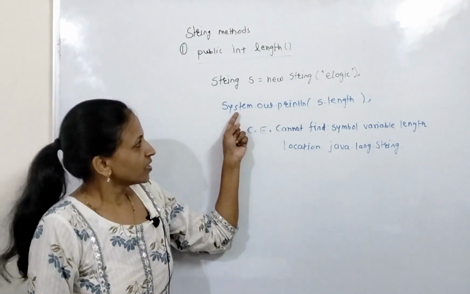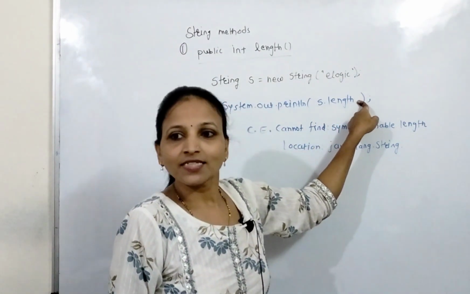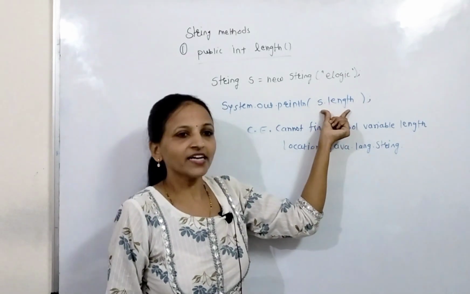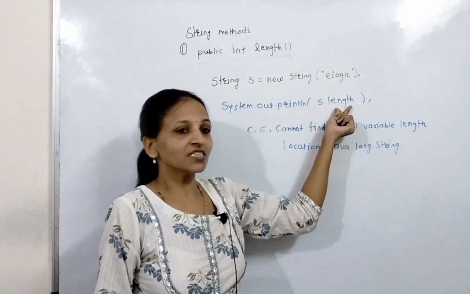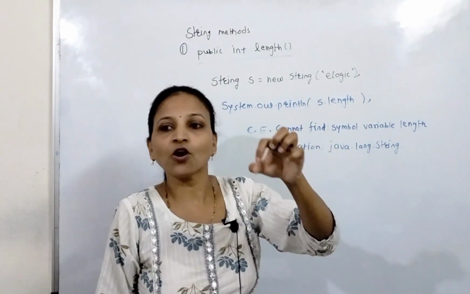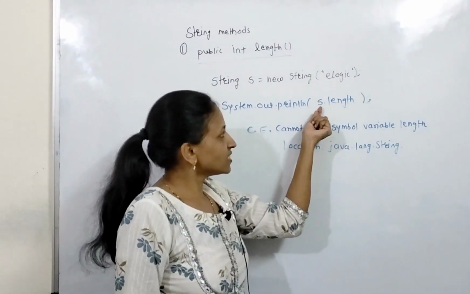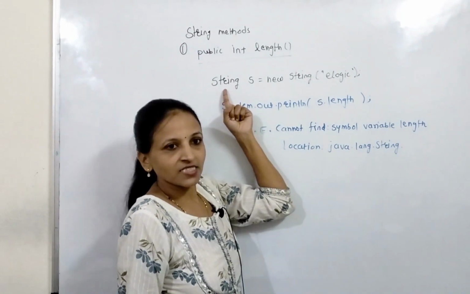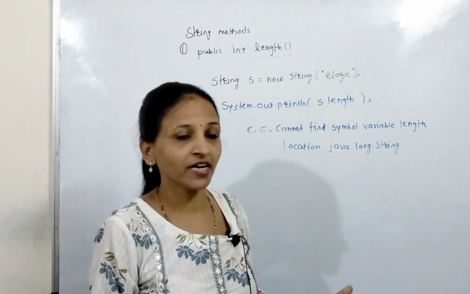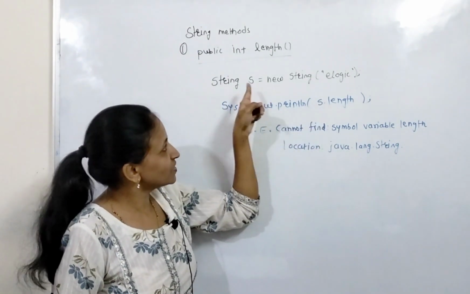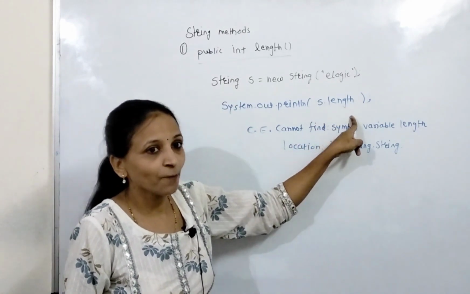See, if you miss this parenthesis, then you will get an error, because if you write it like this, then length will be considered as a variable or property. It will not be considered as a method. This s is an object of the String class. That's why the Java compiler will check whether the String class has this length property.